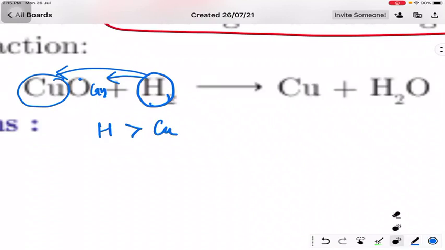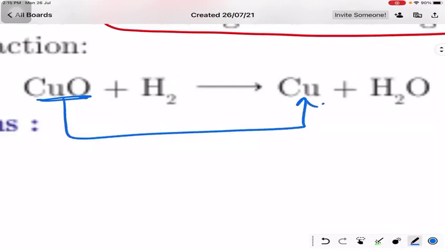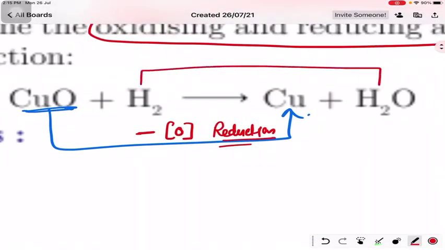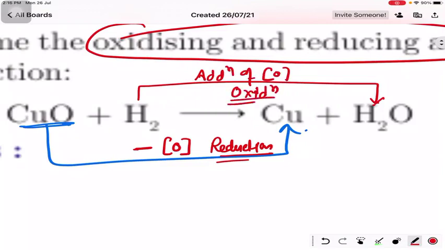Or simply we can apply the concept of redox reaction here, because copper oxide is converting into copper, and during this process there is removal of oxygen. Removal of oxygen is called reduction. So copper oxide is undergoing reduction, whereas if we consider hydrogen, there is addition of oxygen to it. This is called oxidation, so hydrogen is undergoing oxidation.